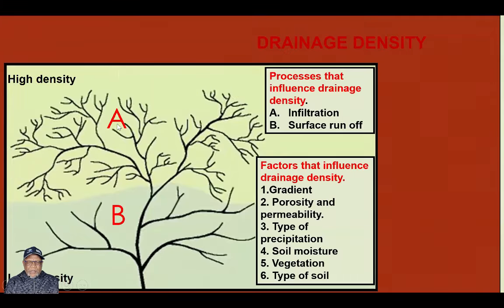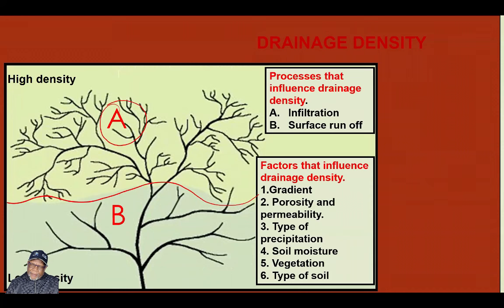How is the drainage density at A compared to the drainage density at B? Now, we can say drainage density at A is higher.